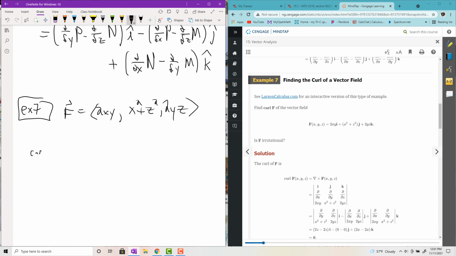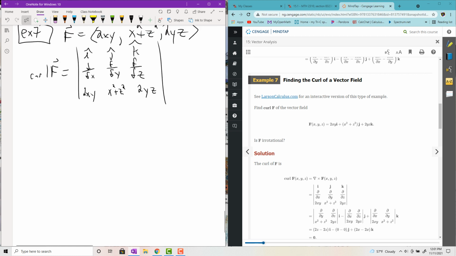So the curl of F is going to be this determinant type thing: i, j, k, then 2xy, x squared plus z squared, and 2yz.